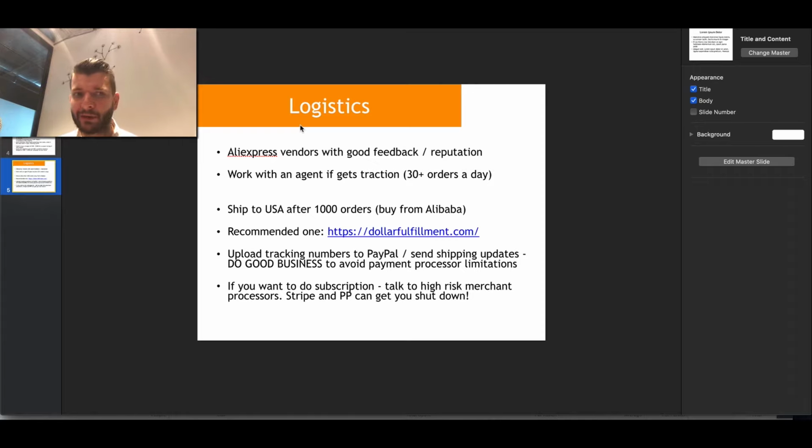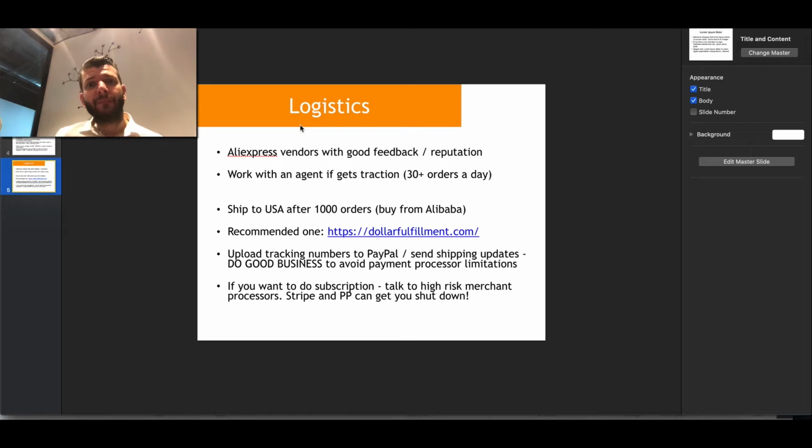Now, if you want to do subscription, as I outlined, it's a high risk business model. You have to talk to high risk merchant processors. Stripe and PayPal can get you shut down. What works for me works because I've made a lot of mistakes, and I don't recommend you do this without proper research, working with proper people, and having a proper setup.